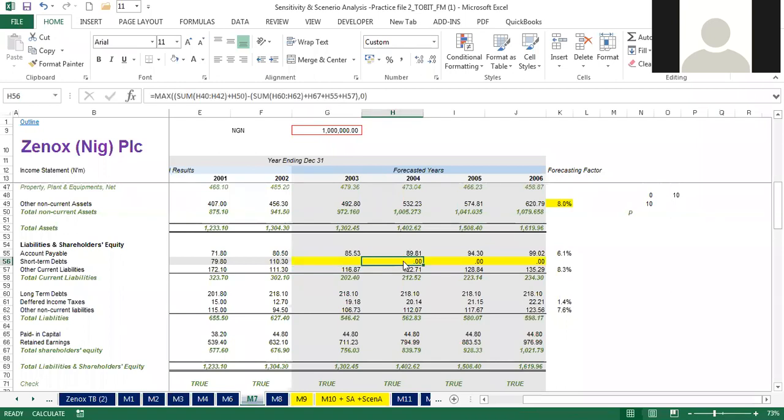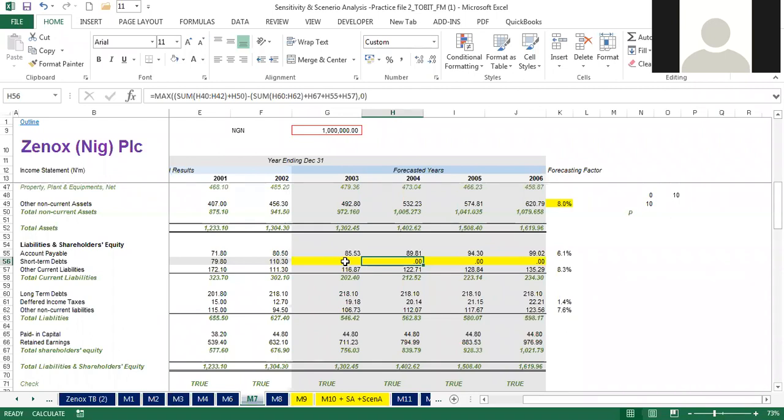And I said to do this, we are simply going to take a look at all the assets, the sum of all the assets, except for CCE, which is the cash and cash equivalent, and also take out all the liabilities and equity except for short-term debt.